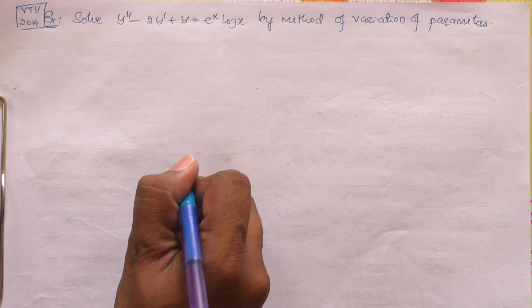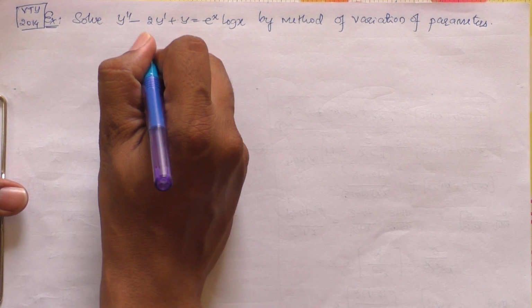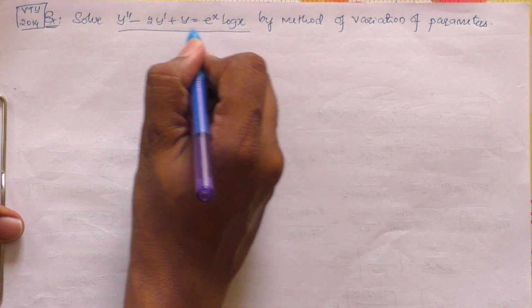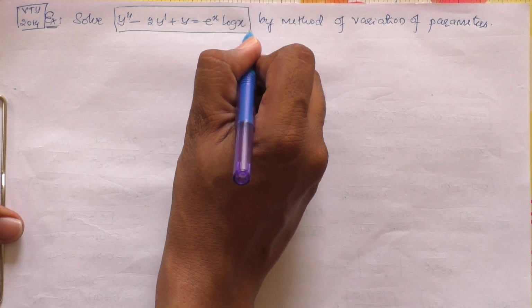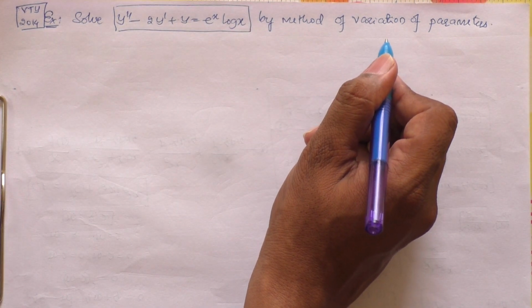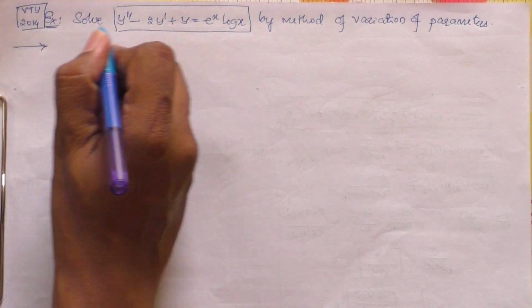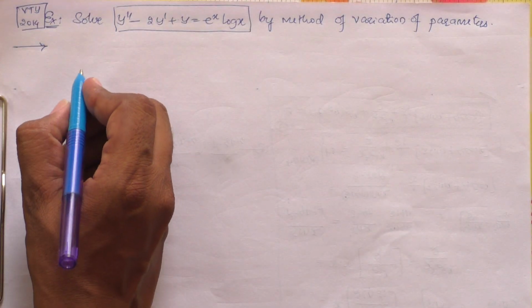Now let us solve this problem. Solve y double dash minus 2y dash plus y equal to e raised to x log x by method of variation of parameters. This problem was given in VTU exams in the year 2014.